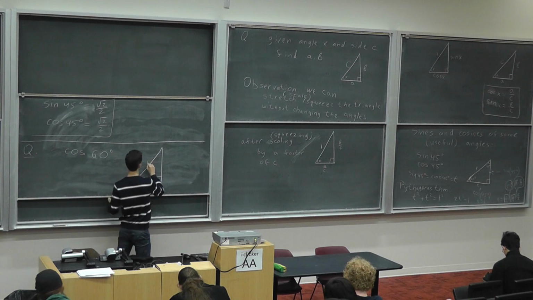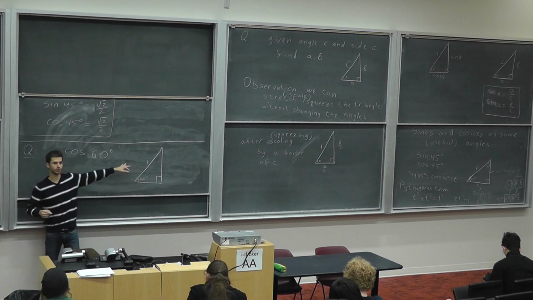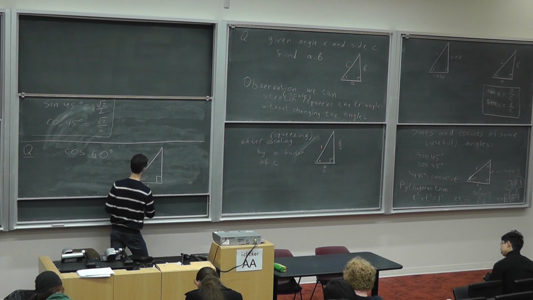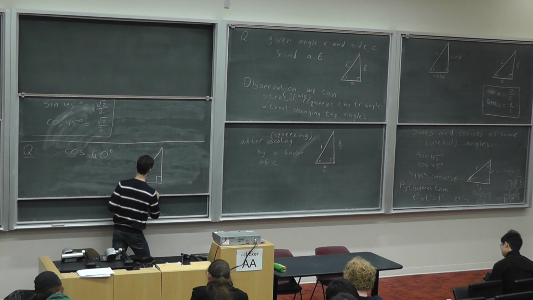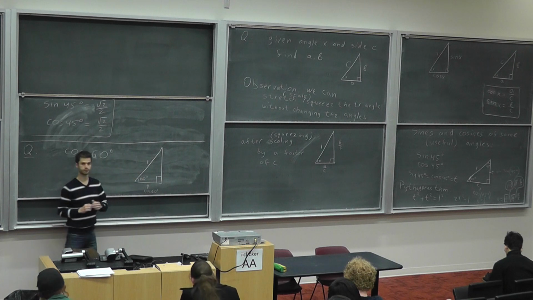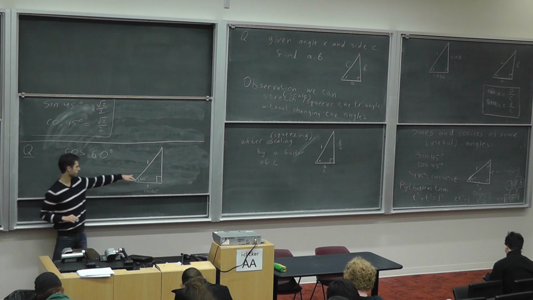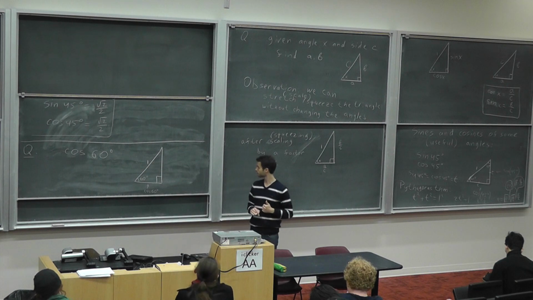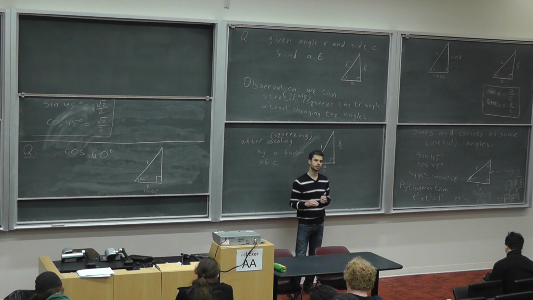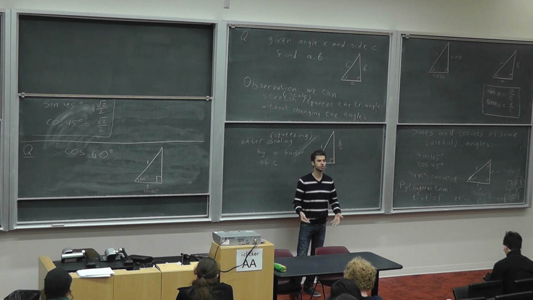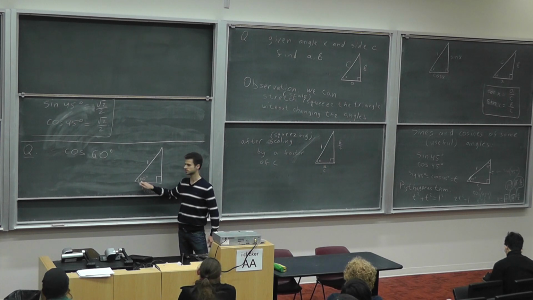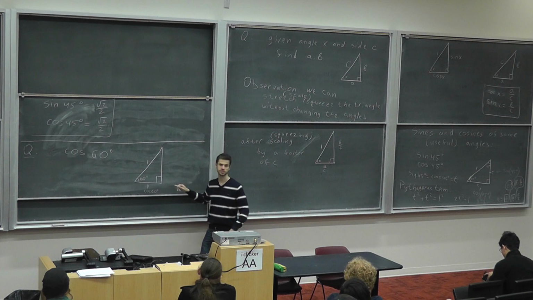This length, the hypotenuse, is equal to 1, and this length is going to be cosine of 60 degrees, the length of the side adjacent to the angle. Alright, so here's a new geometrical problem. We have a triangle, this angle is 60 degrees, this angle is 90 degrees, this is 1. What is this side?